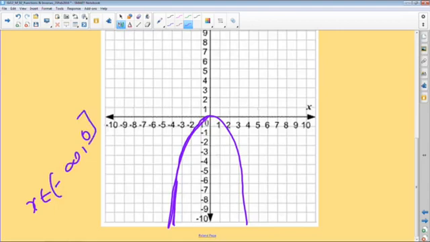So that's the left-hand side of the graph. And in so doing, you will get a graph that is a 1-to-1 function, and therefore its inverse will also be a function.